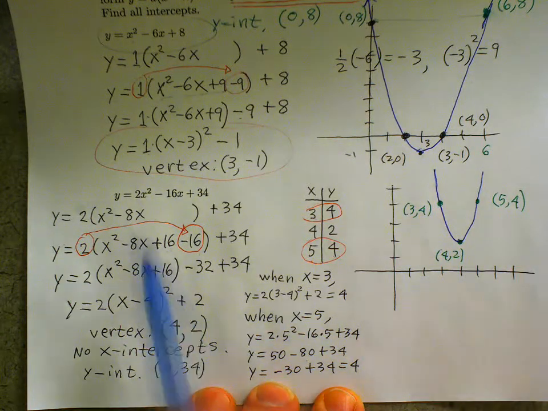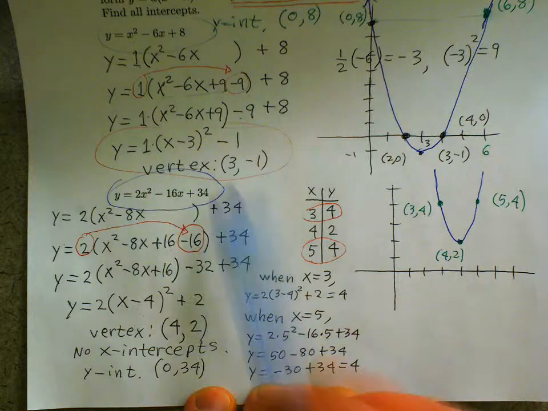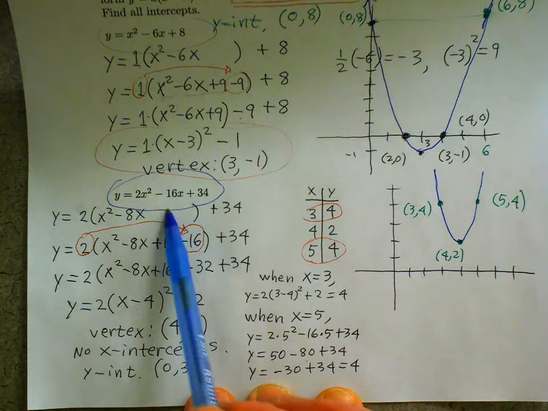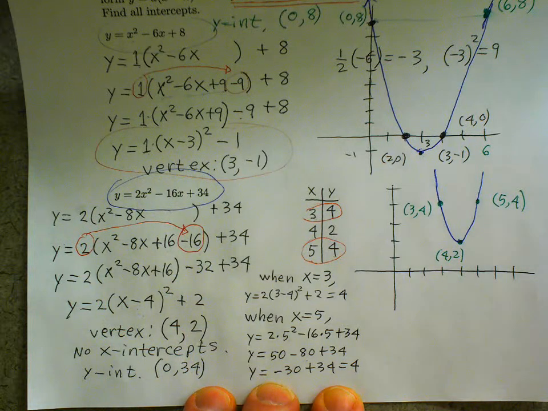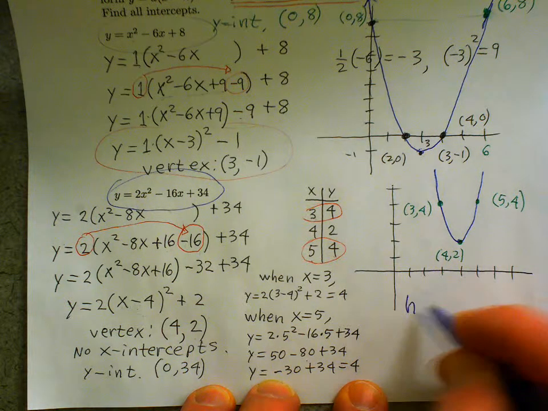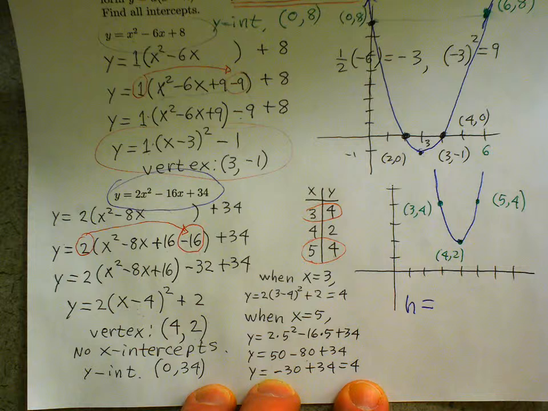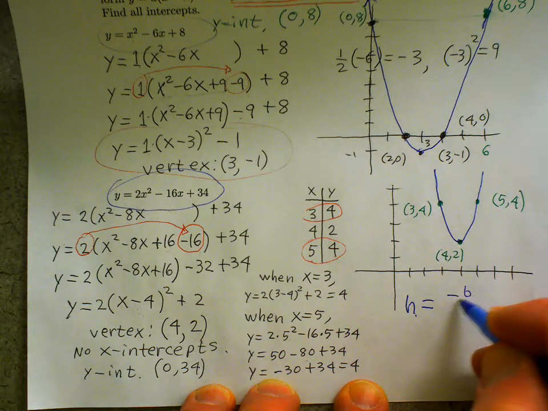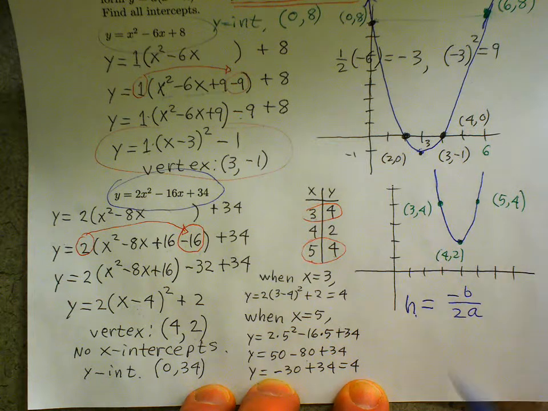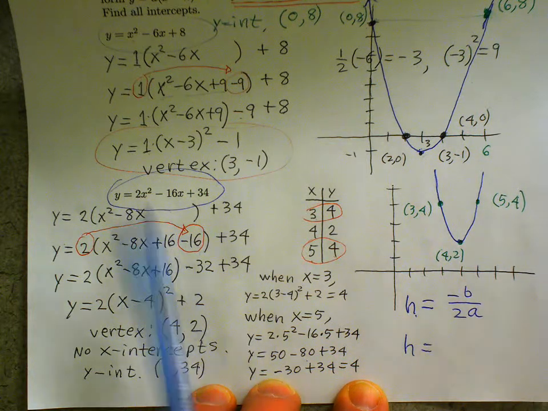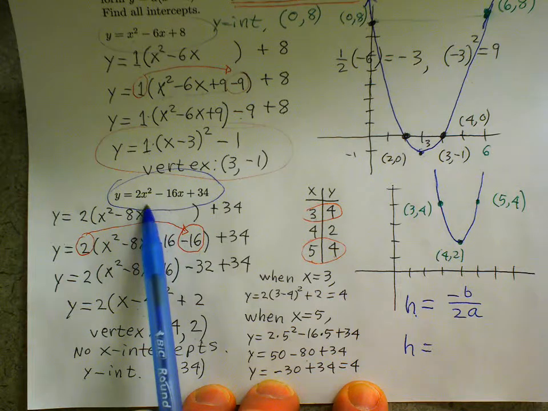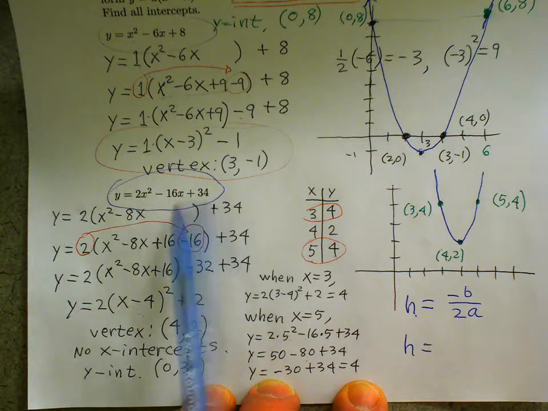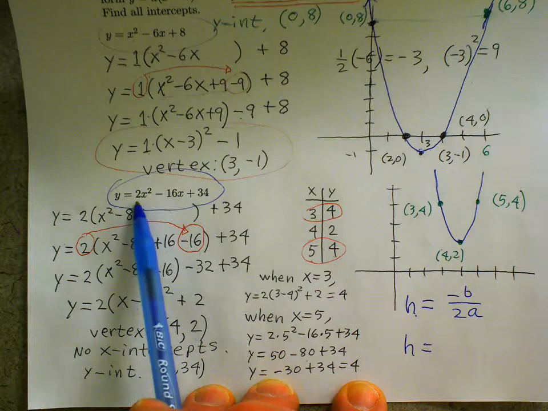If we just review a little bit from what we talked about yesterday, if we begin with the standard form, y equals 2x squared minus 16x plus 34, and then use the vertex formula for the x-coordinate of the vertex, h equals negative b over 2a. So in this one, b is negative 16 and a is 2.